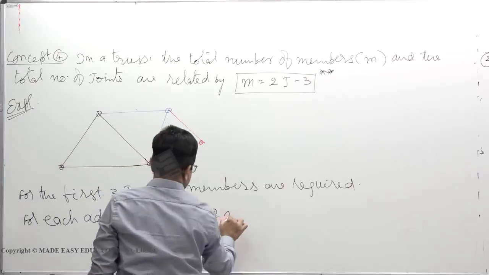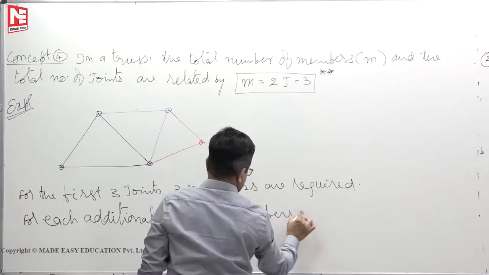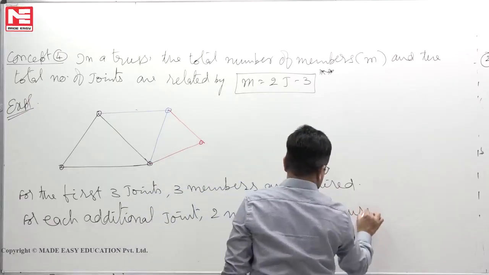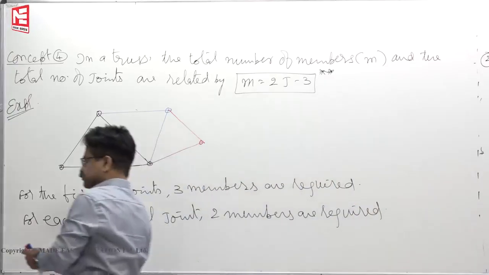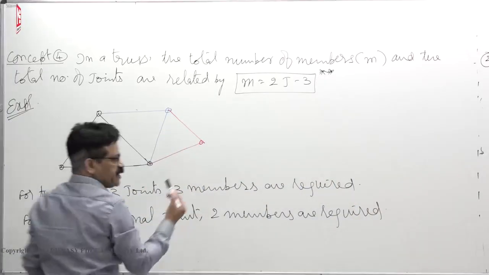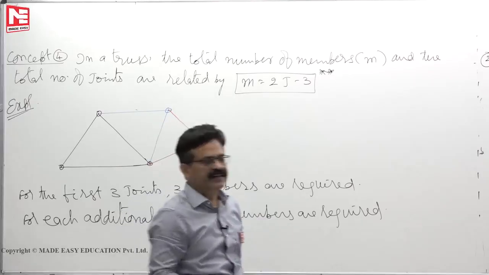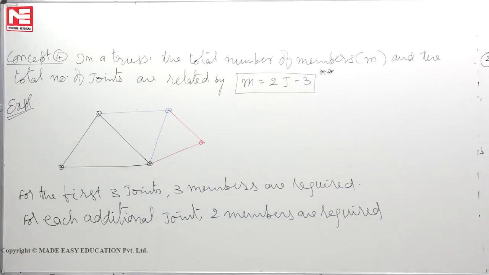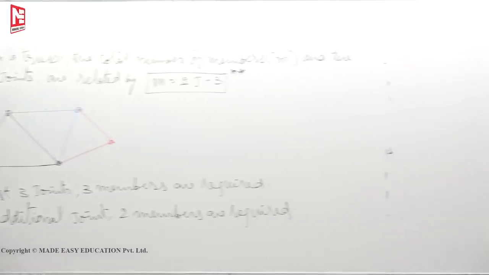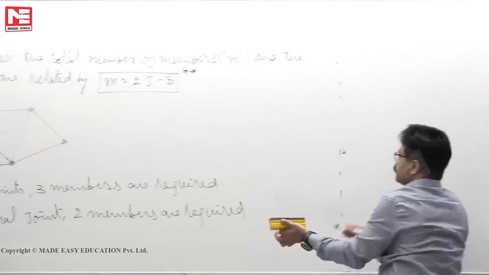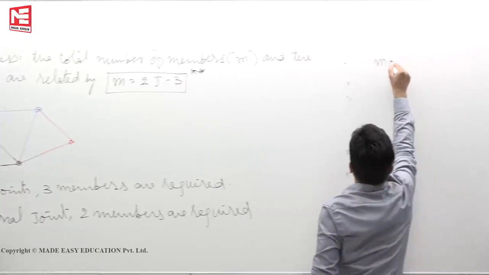Now, these two statements, if you represent it mathematically, it becomes like this. First, we will see the blue color and red color members. So, M is equal to 2J.